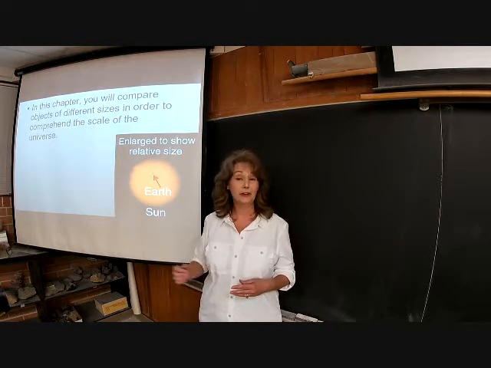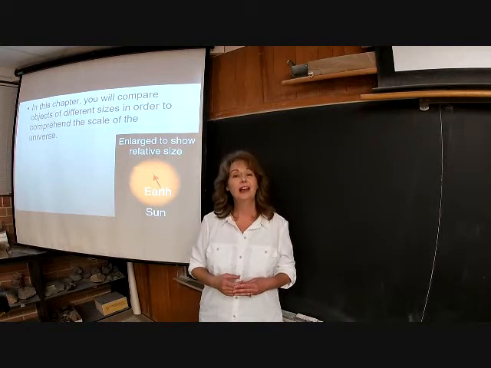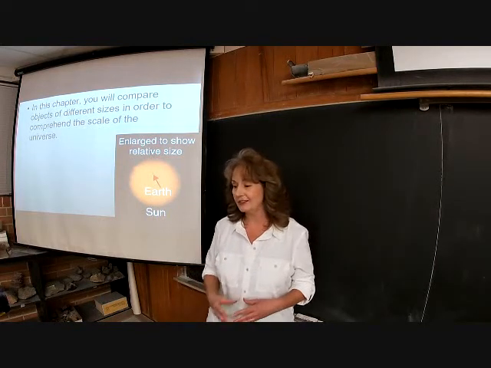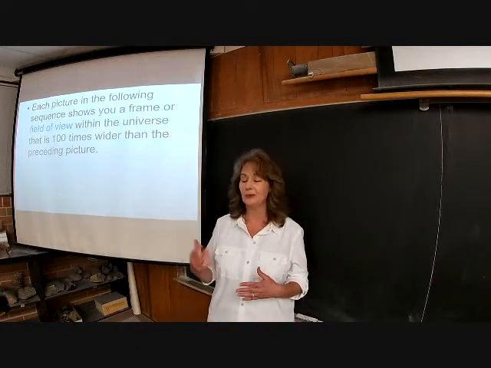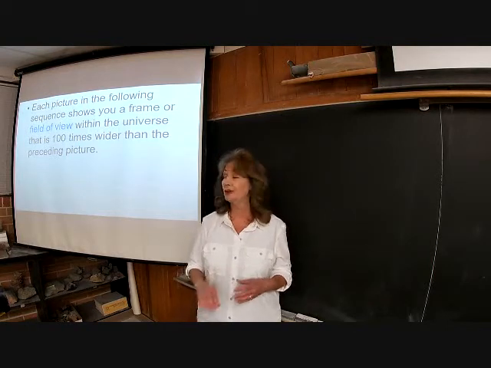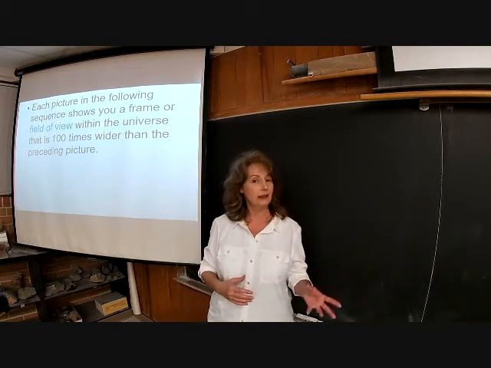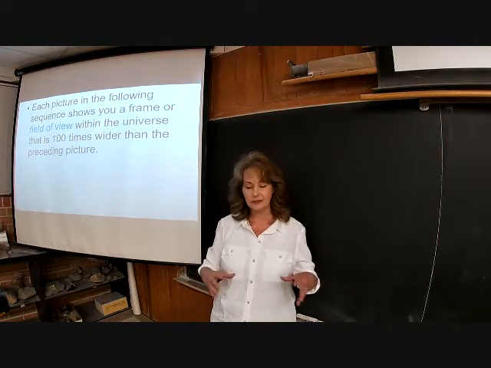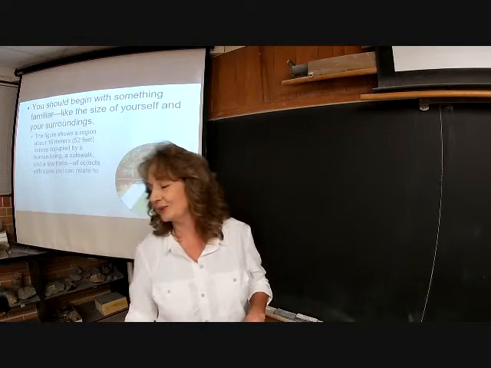And we're going to find that our star, the sun, is actually pretty small in the world of stars. Each picture that we're going to look at is going to increase our field of view to 100 times wider than the preceding picture. So we're going to go on a little cosmic zoom as we go through.